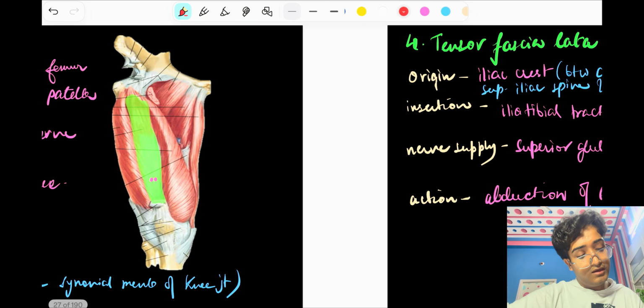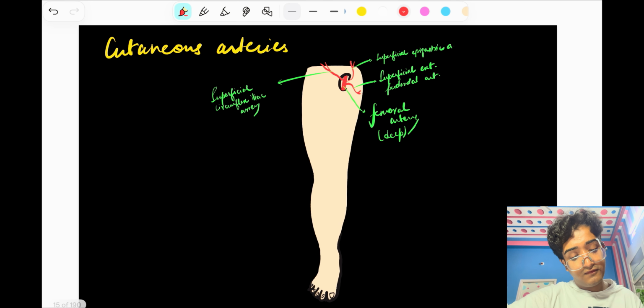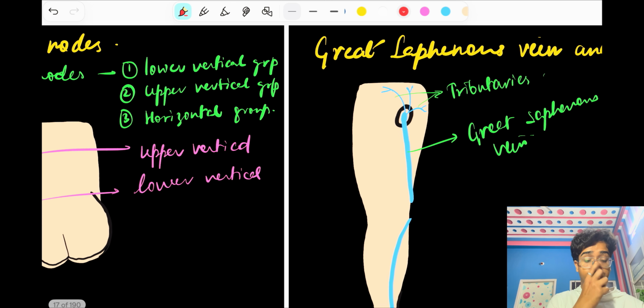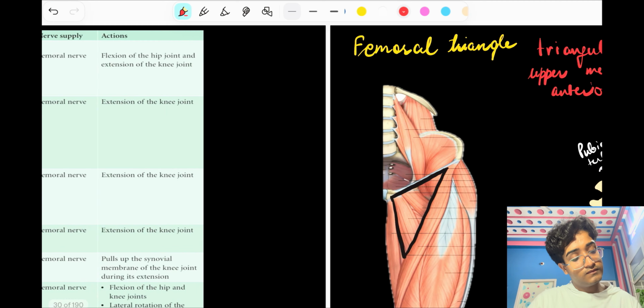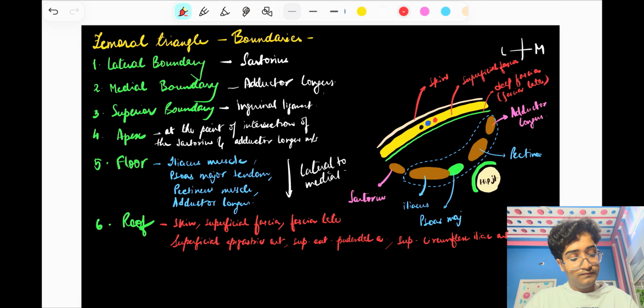We have studied it earlier in the fascia of the thigh. These are involved in the roof of the femoral triangle.